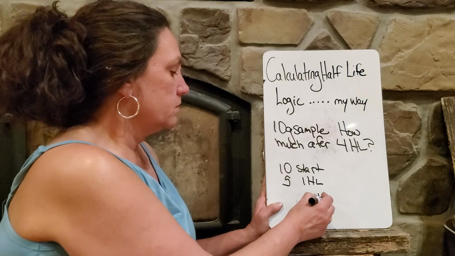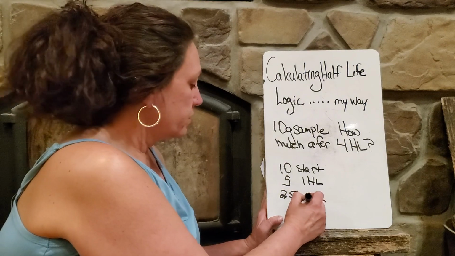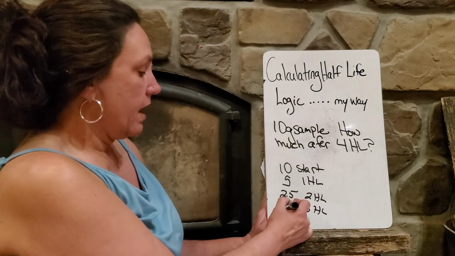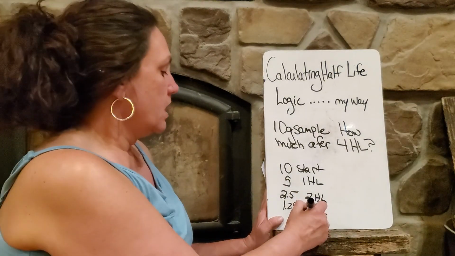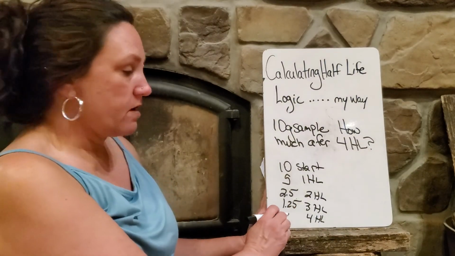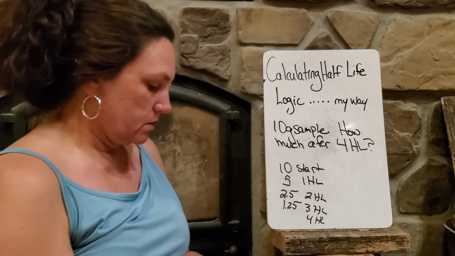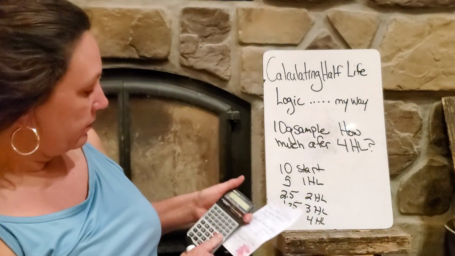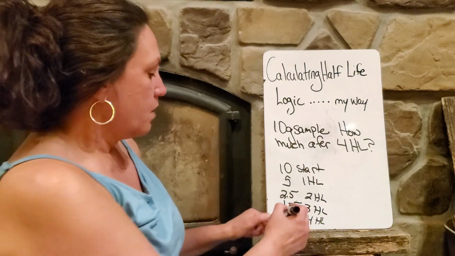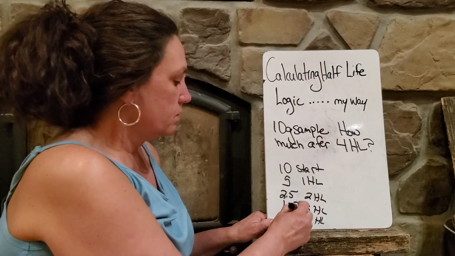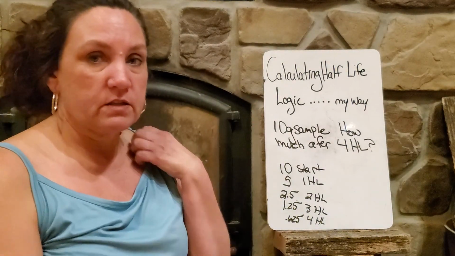After 2, I'm going to have half of this number, so 2.5. After 3, I'm going to have half of this, so 1.25. And after 4 half-lives, I'm going to have half of this number, so I don't have enough light on my calculator. Half of 1.25, that'll be your answer. So it would be 0.625, I think. So that's my process of going through this.